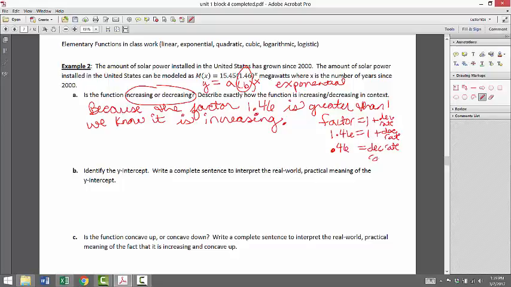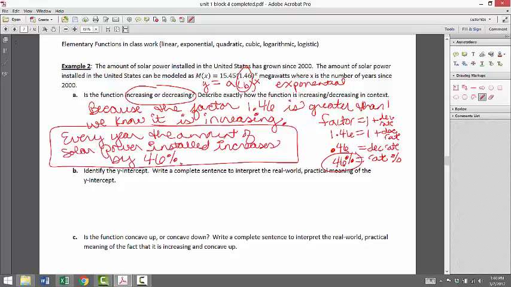So the way we say that rate is as a percent, 46%. So every time x increases 1 unit, the y value increases 46%. In contextual terms, they're saying every year after 2000, the amount of solar power installed in the U.S. increases 46%.